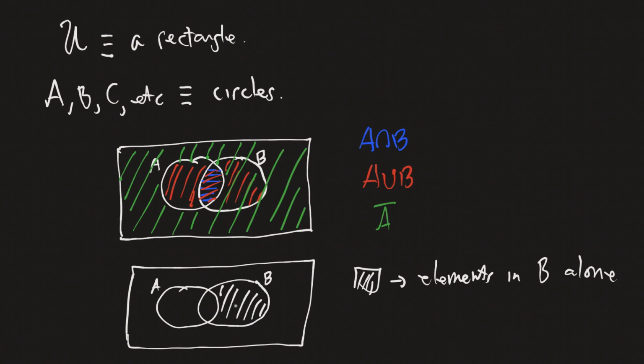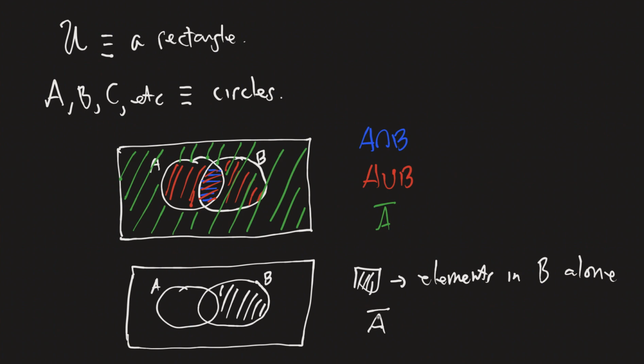Well, for sure, the region that I've shaded is outside of A, right? So it's a part of a complement, because none of the elements in this region here are inside the A circle.